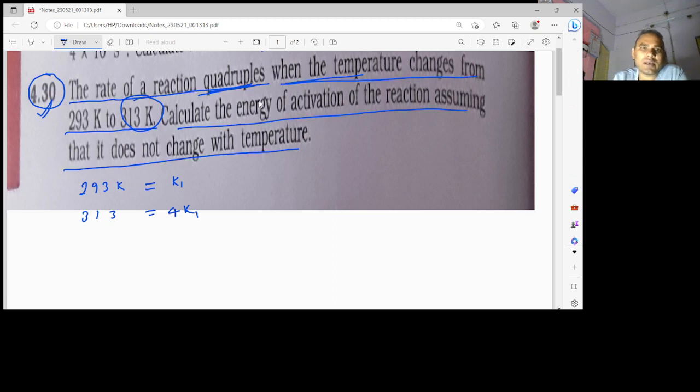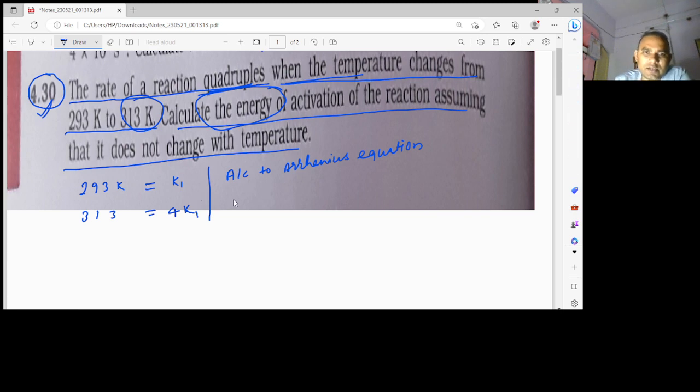Now they are asking to calculate the activation energy. So how can you do this problem? To proceed, we go according to the Arrhenius equation.